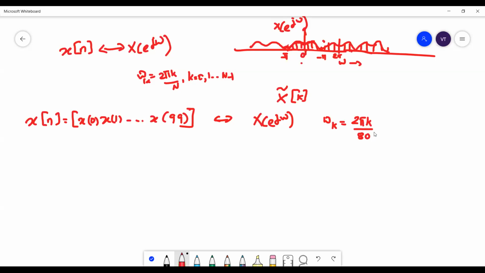I purposely take this to be a different value, 80, where k takes values 0, 1, 2, etc. up to 79. So this could be a case. We are going to generalize this, so capital N, which is equal to 80 here, may be lesser than the length of the sequence. That's also possible.